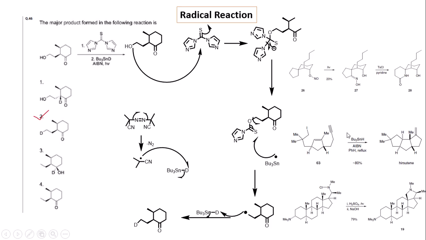This problem is very much interesting. Similarly, the cascade type of cyclizations also happens in case of tributyltin hydride in the presence of azobisisobutyronitrile.